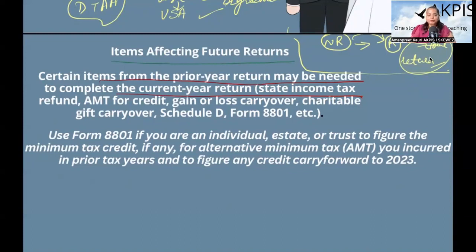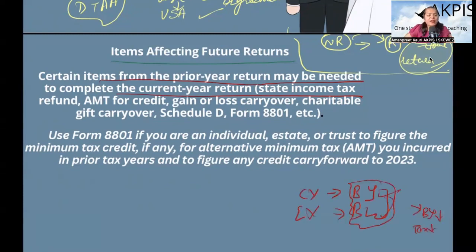For example, if you have earned certain business income, but you're supposed to set off your current business income with the previous year loss, so your tax computation and income will vary. For example, let's take an instance where in the current year you have business income. Last year there was a business loss, so as per the provisions, a certain amount of income can be set off with the losses, and accordingly your business income will reduce, and accordingly the tax computation will be less. This is just one instance.